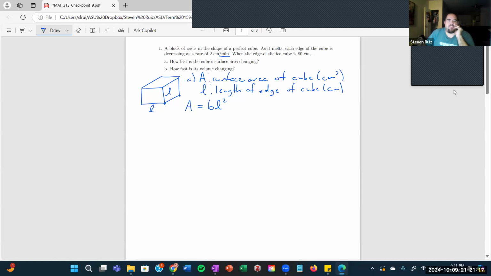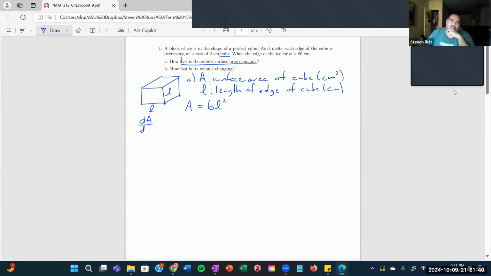But the question I'm asked here is, how fast is the cube's surface area changing? Can I give a name to that rate that I'm asked for? So I want to know something about the change of the surface area. So I think I'm looking for dA, so change of area, but with respect to what?